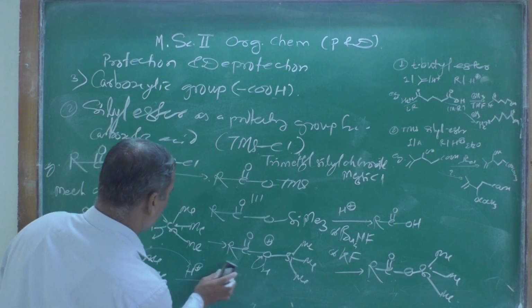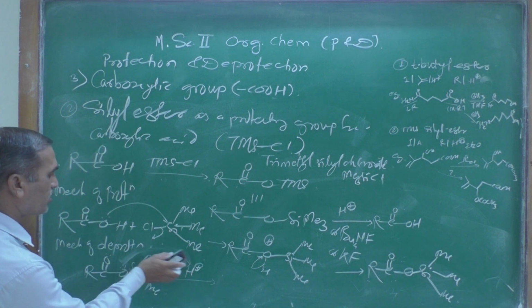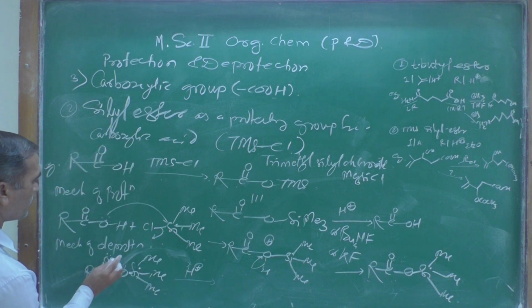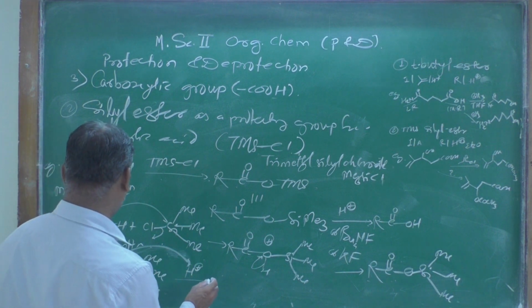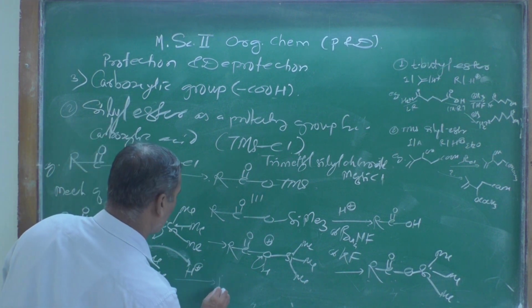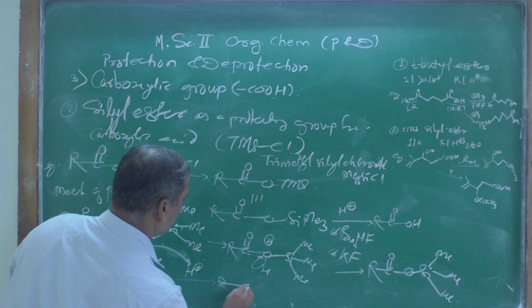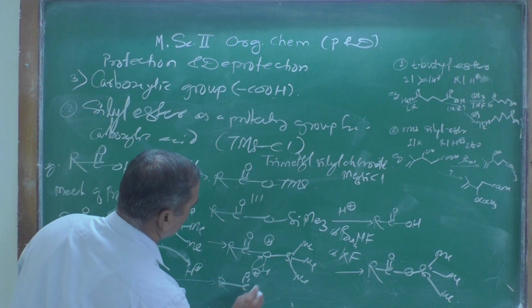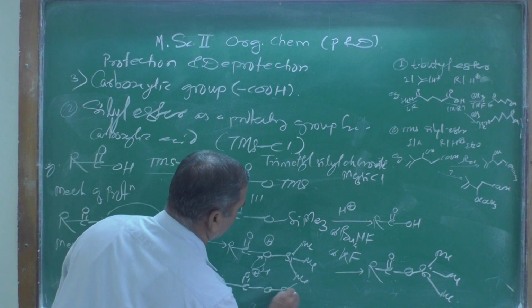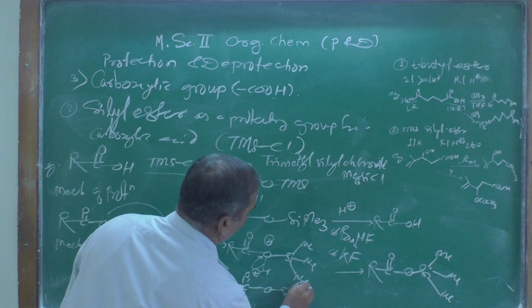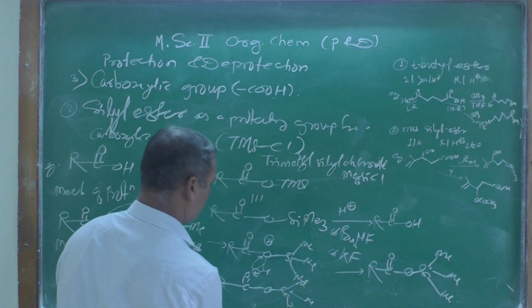Or specifically, you can show that proton here, OH, picking up the proton from here, and you will get R, C double bond O plus, then O, Si, with Me and Me.